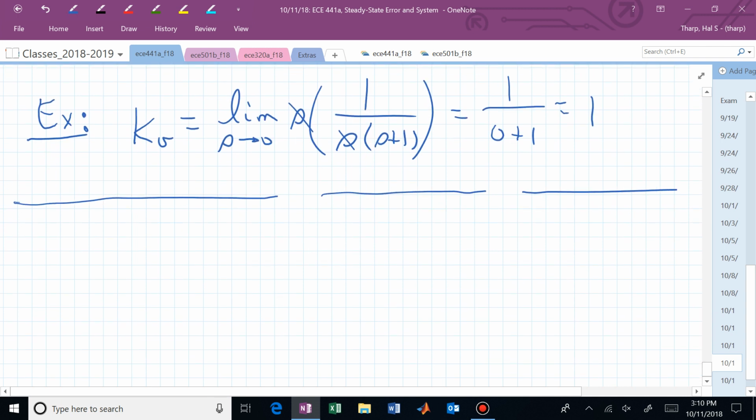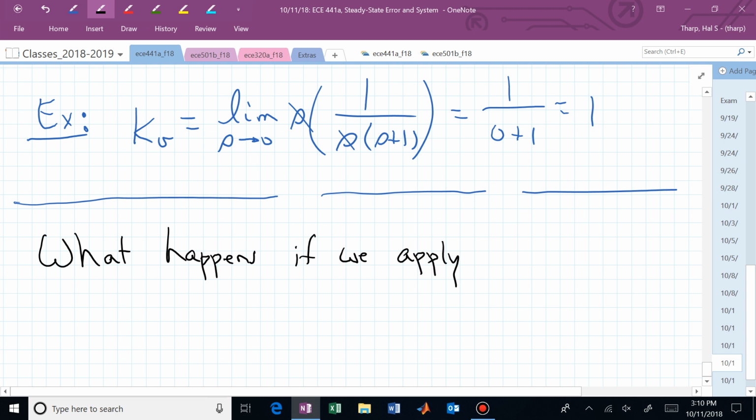So now let's look at what happens if we're interested in applying ramps, or linear functions of time, to these three systems. Let's examine what happens to these systems if we apply a ramp.